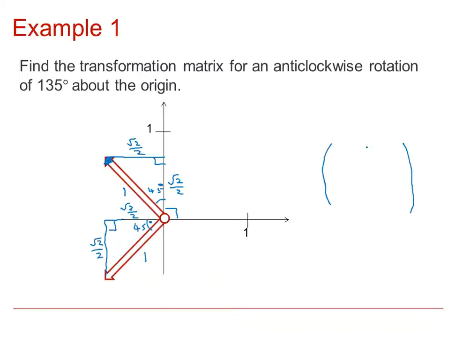It is pointing in the direction minus root 2 over 2, root 2 over 2. And if you look at where the index finger would have ended up pointing, which is this one here, its coordinates are minus root 2 over 2 and minus root 2 over 2.